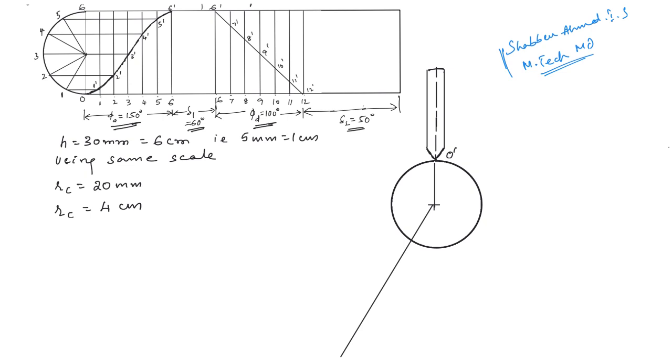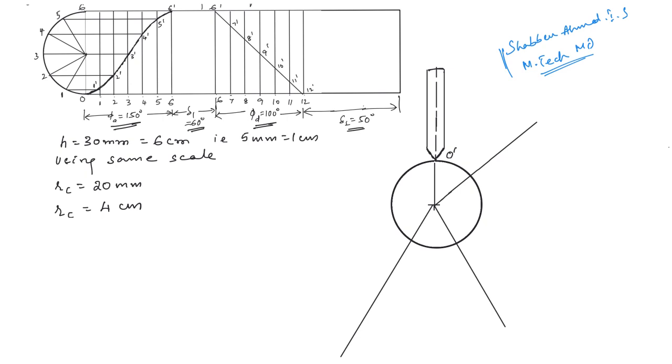And we have a 60 degrees dwell. Then we have a 100-degree descent. So that is the 100-degree descent.